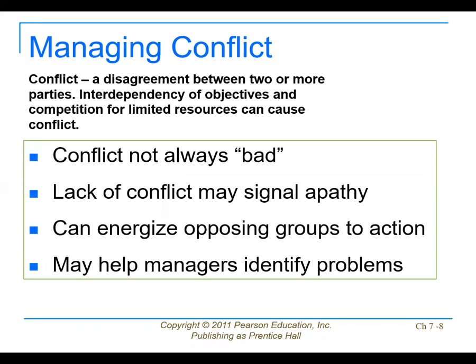If your opponent is not there, you are not aware of your activities, whether you are going the right way or the wrong way. Nobody is telling you, so this kind of senselessness develops. It can recognize opposing groups to action and may help the manager identify problems. I think I have already explained this in the concept.